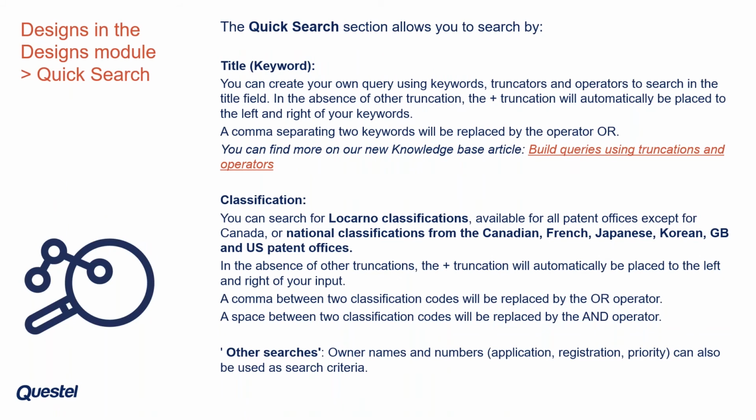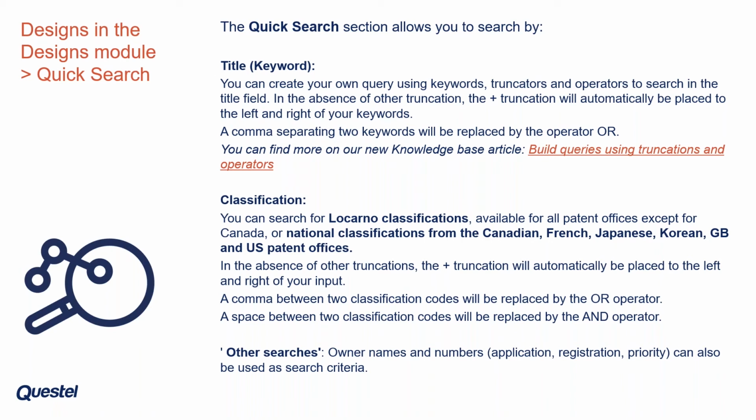The Quick Search section allows you to search by title, that is to say by keyword. You can create your own query using keywords, truncators, and operators to search in the title field. In the absence of other truncations, the plus truncation will automatically be placed to the left and right of your keywords.